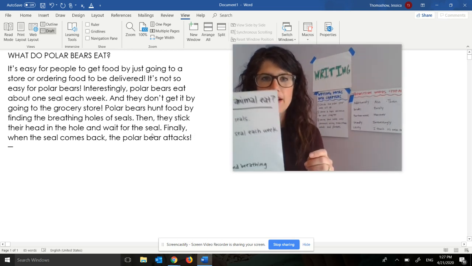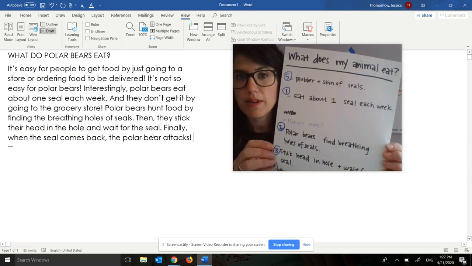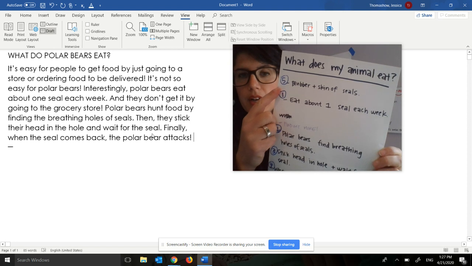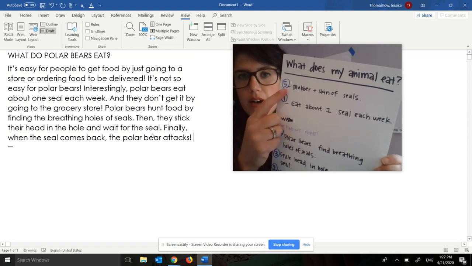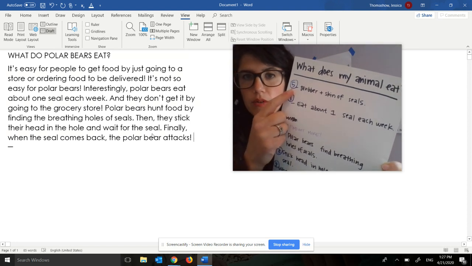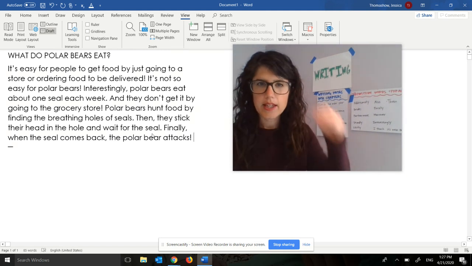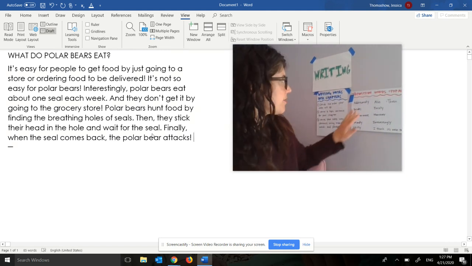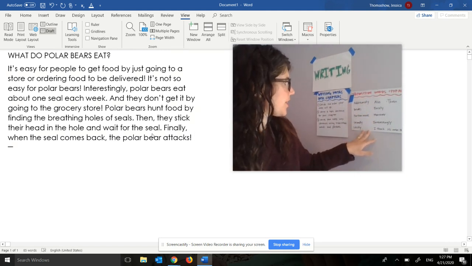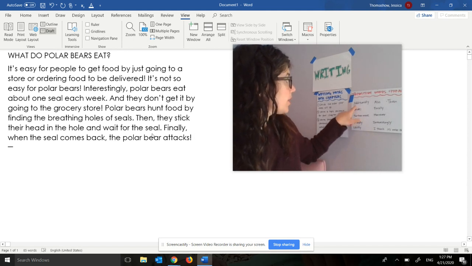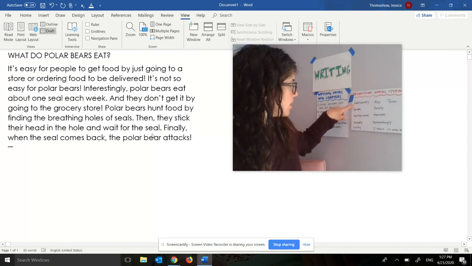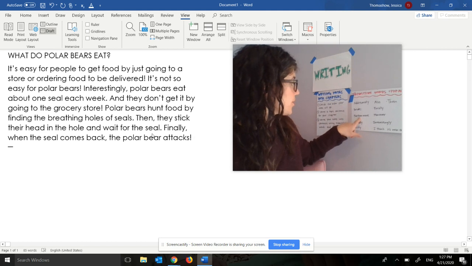Okay. Not done yet, though. I still have one note that I want to write about. I want to write about how the polar bear only eats the blubber and the skin of seals. So let me try to find a transition word that will work for that. I could use additionally. I could use furthermore.